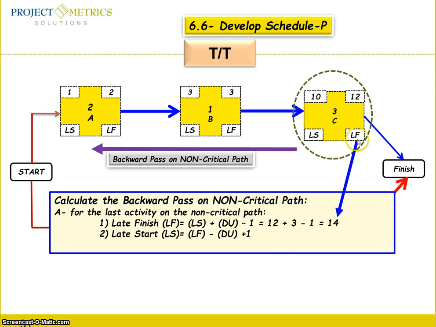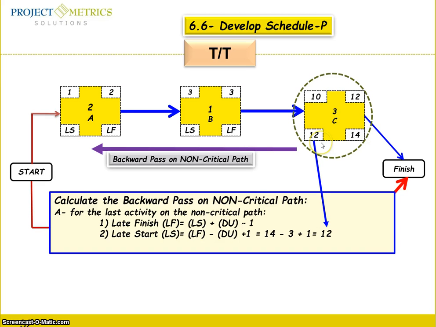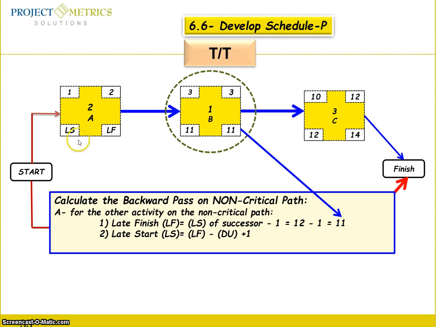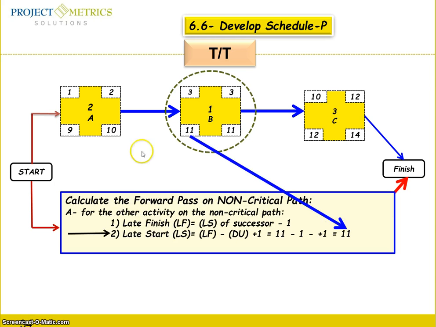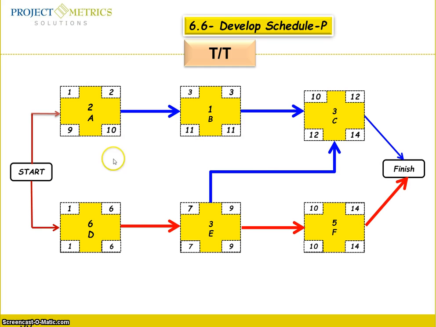You plug in the numbers, you come up here with 14, and then you calculate the late start, which is equal to 12, and all the way until you finish your backward pass on the non-critical path. So in this case, we finished the calculation of your diagram.